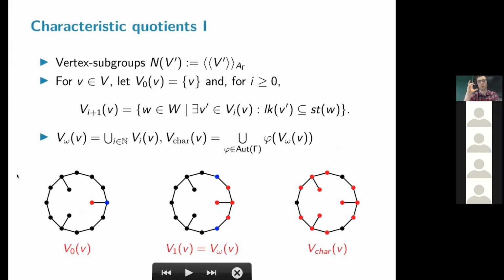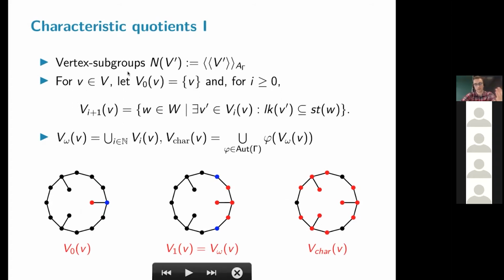I want to see which subgroups of this form, so which normal subgroups, yield characteristic subgroups in this way. Now, the naive thing to do is to just add all vertices that could make it not characteristic and see if the group generated by these vertices is a characteristic one. This was what I did, and it appeared to work.